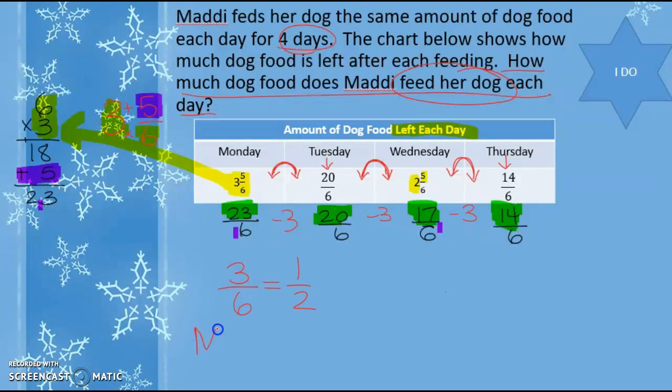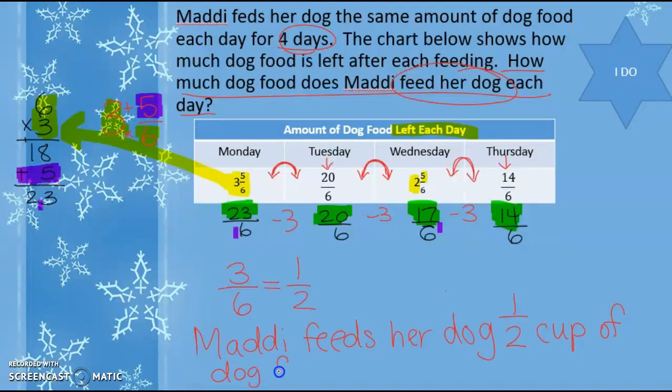So we could say Maddie feeds her dog 1/2, I assume it's cups, or 1/2 cup of dog food each day. If that's the case, if it's a cup, her dog is really small. Let's keep going.